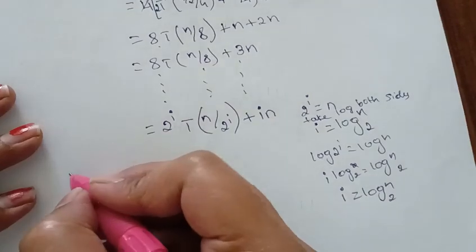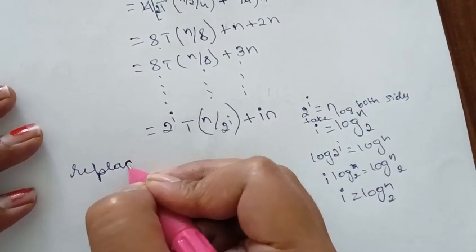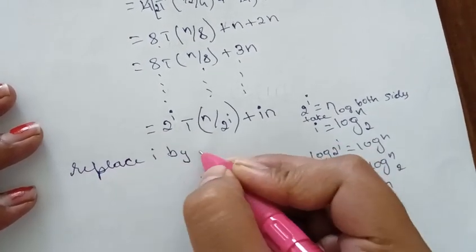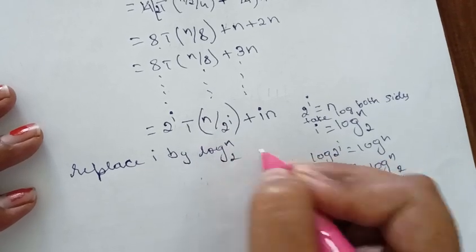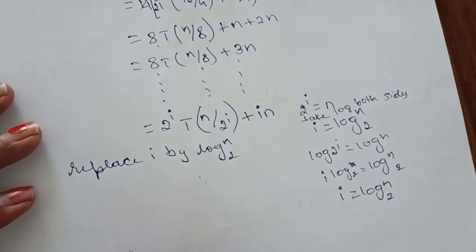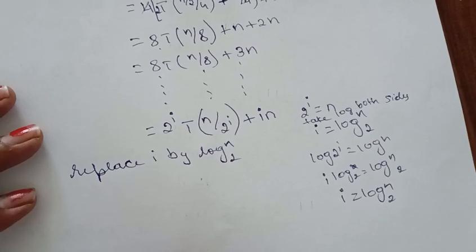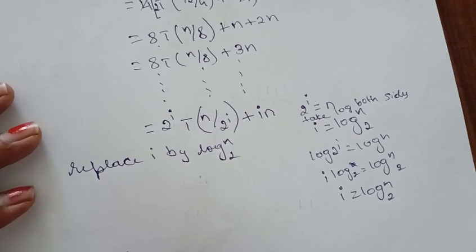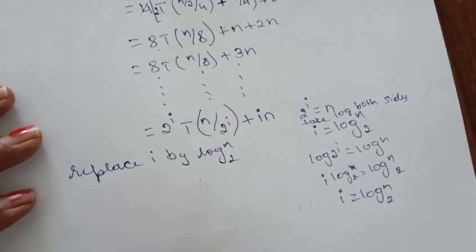So you have to just replace i by log n to base 2. So wherever i we have, I have to replace it with log n to base 2.